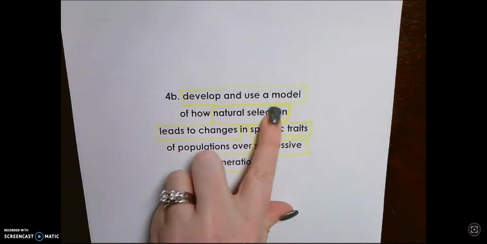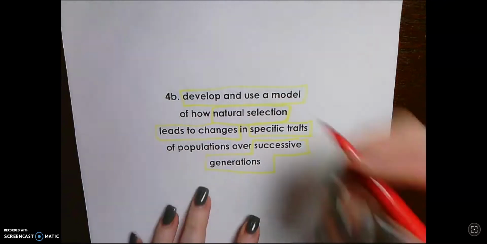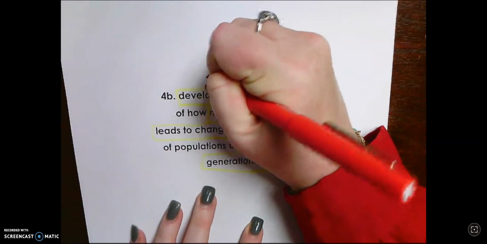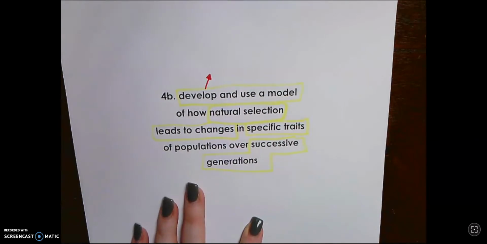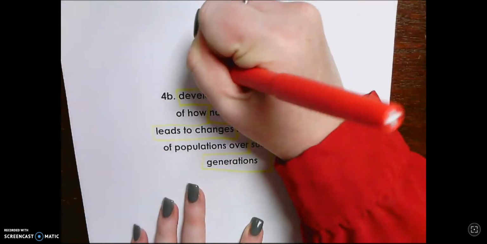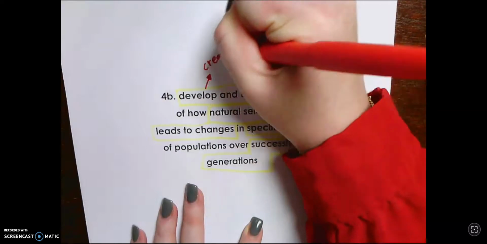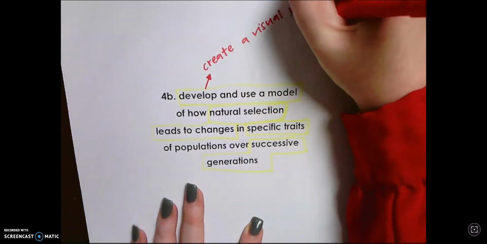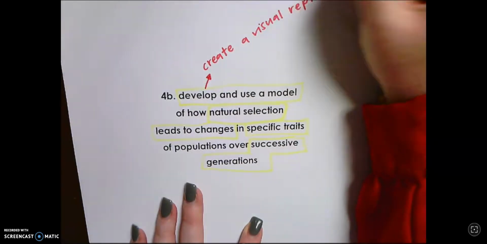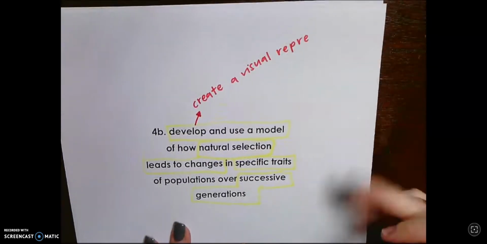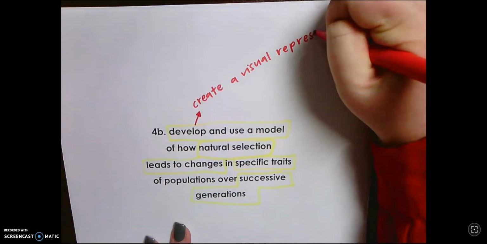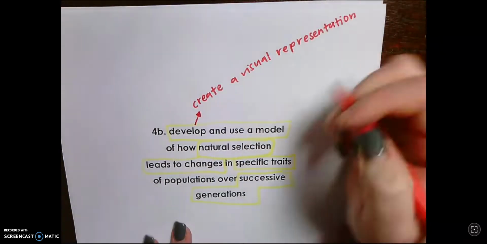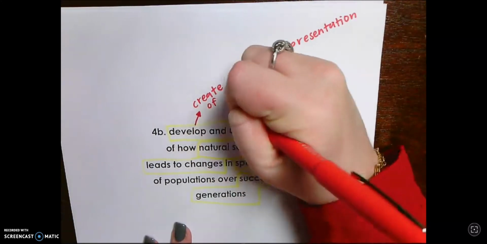So let's start with develop and use a model. So when we're developing and using models, and we've done that throughout the school year this year, when we're developing a model, we're going to create a visual representation of a specific phenomena.